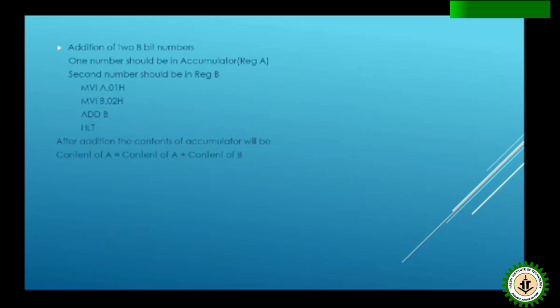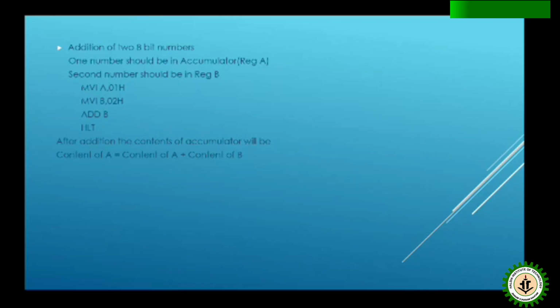One number should be in the accumulator or register A, and the second number should be in register B, C, D, anything, but one number should be in the accumulator.